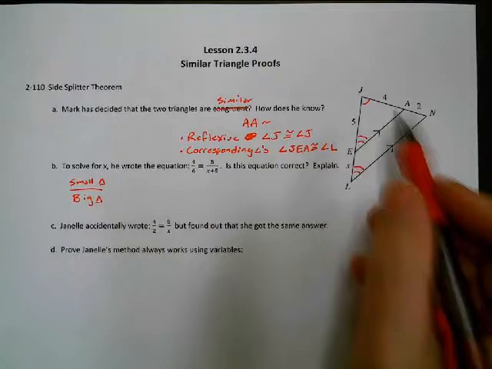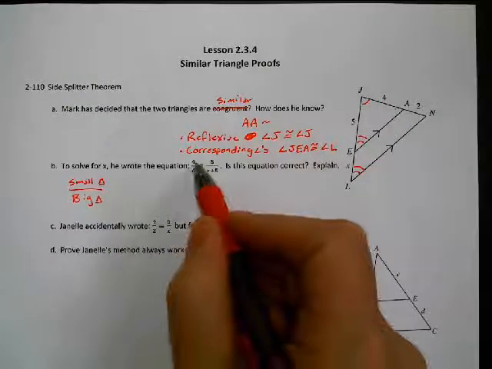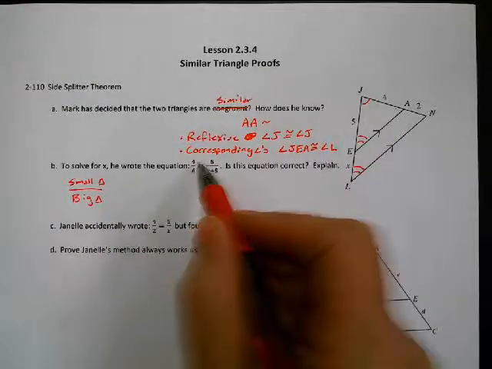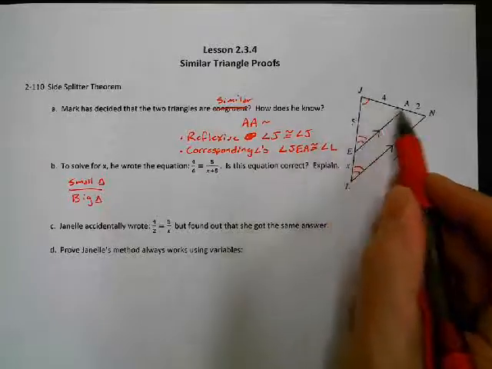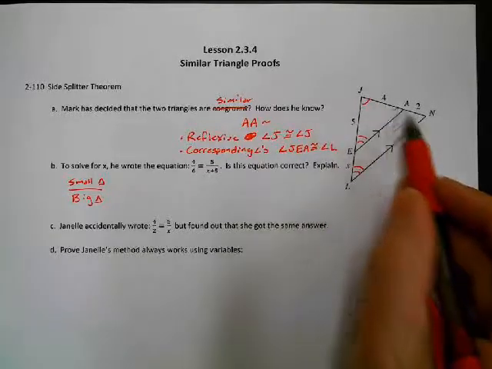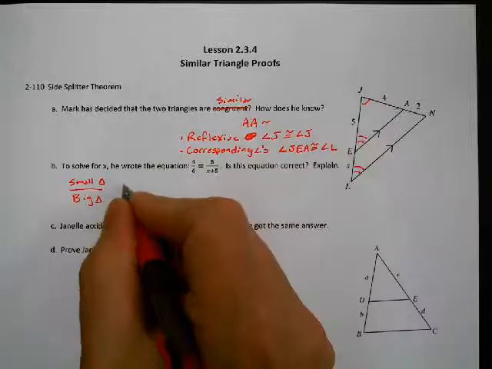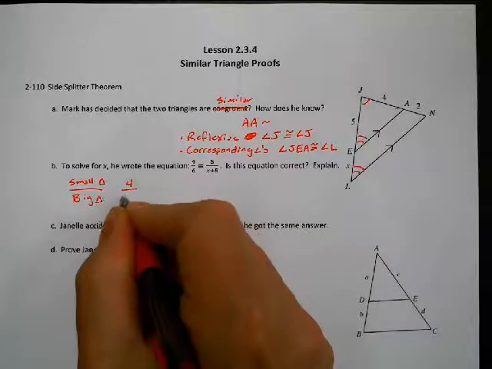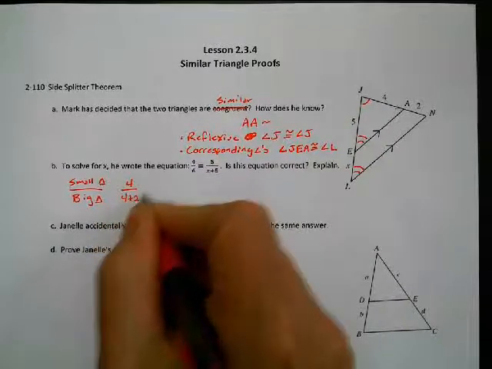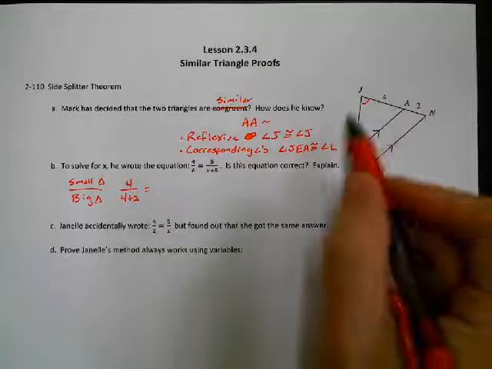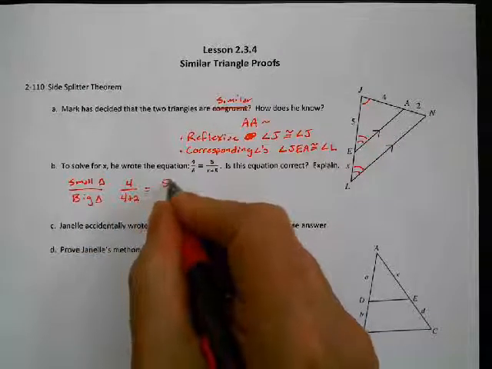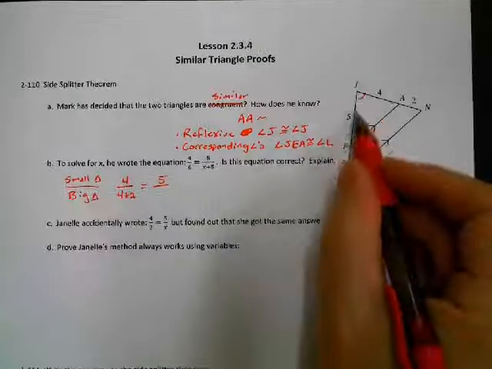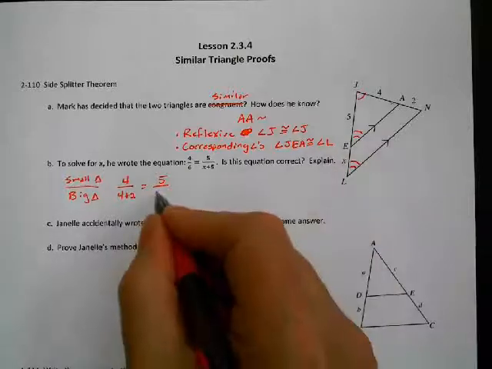He's saying the small triangle here is 4, so that's where the 4 is coming from. And the 4 on the small triangle corresponds to this entire side, which is 4 plus 2. So really what he's doing is 4 over 4 plus 2 is equal to 5 from the small triangle, with small triangle on top, over this entire side length here, which is x plus 5.